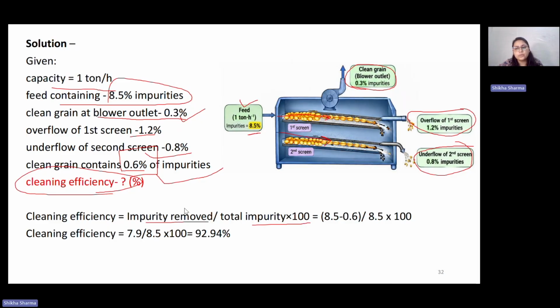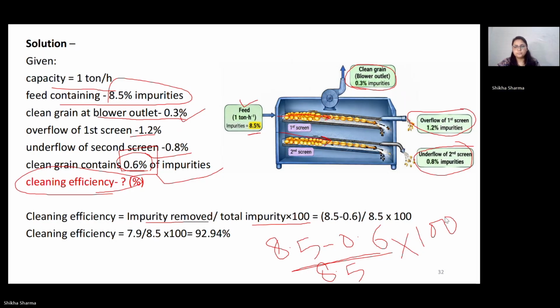The impurities removed is the total impurities in the feed, 8.5%, minus the impurity in the final cleaned grain, 0.6%.